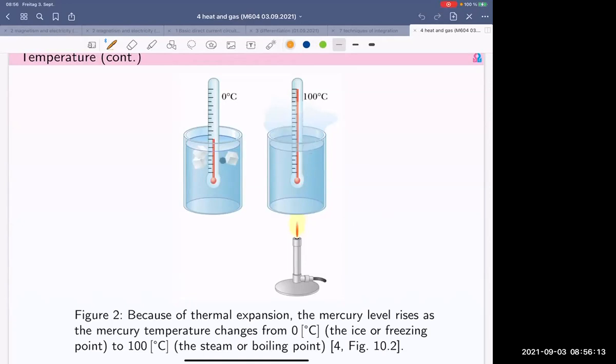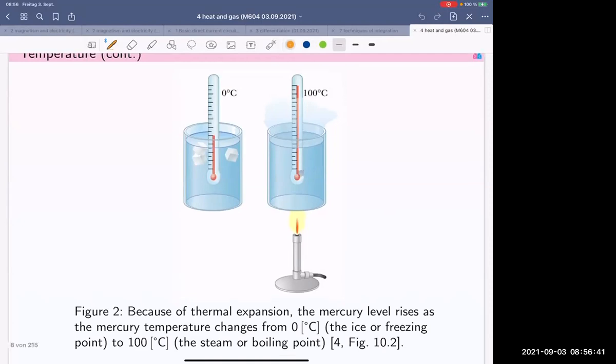That's the freezing point, and here is the boiling point. That's the basic scale we use to define the scale of the temperature. We use water as the reference, as the freezing point and the boiling point. The situation will be vapor or steam.